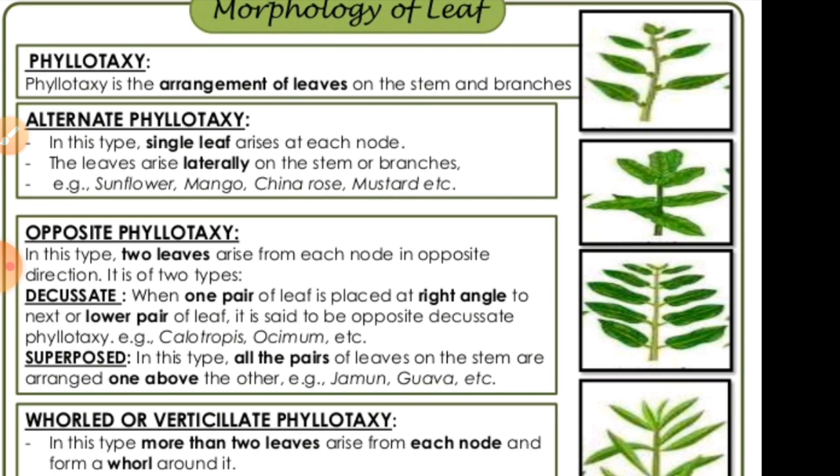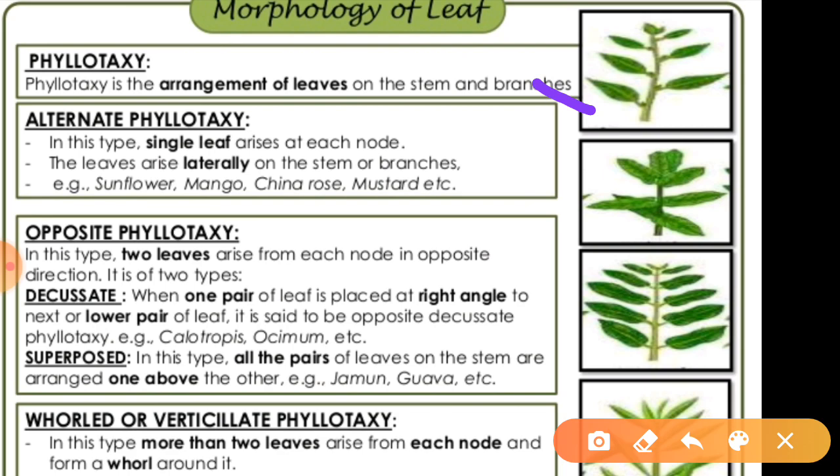Generally they can be of different types. The first one is called alternate phyllotaxy. In the diagram you can see the specific structure: the leaves are alternate.